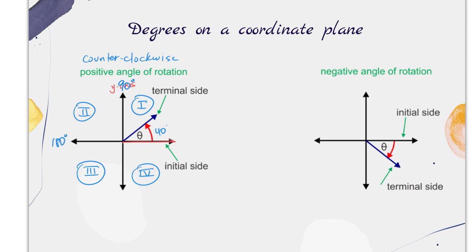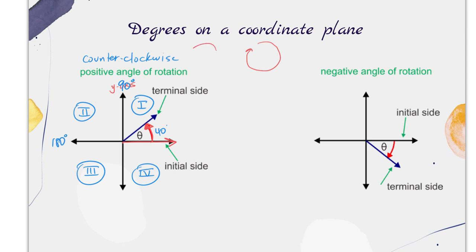I have my initial side, and if it's a positive 40, I know my arrow and my rotation has to go counterclockwise. I know we don't use old clocks too much anymore, but the hands of the clock and the second hand, they turn clockwise, which is this way. Okay, so that's a clockwise direction.